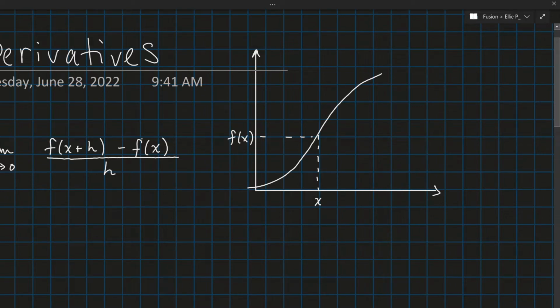And then f of x plus h, we're just adding some number h to it. Let's say that's right here. It could be anywhere, because we could define h as anything. Oh, this is x plus h. So the distance between them is h.